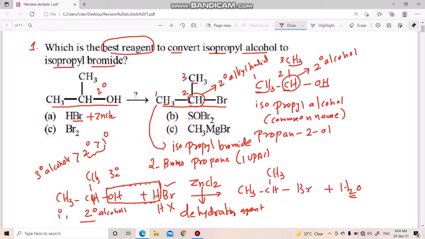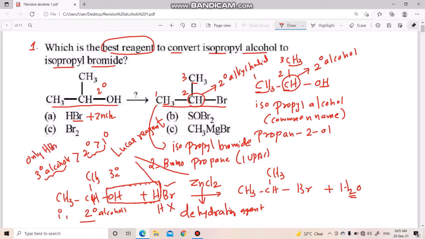This HBr plus zinc chloride is generally called Lucas reagent. This reagent is used for conversion of primary and secondary alcohol to alkyl halide. For tertiary, only HBr is enough.